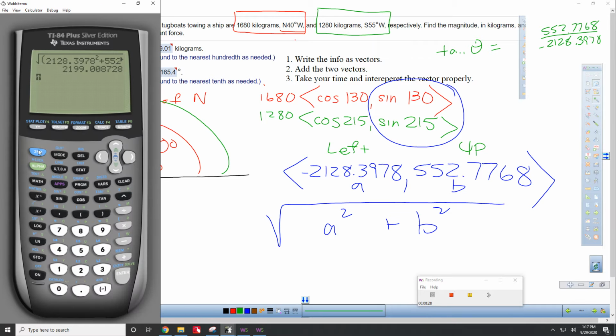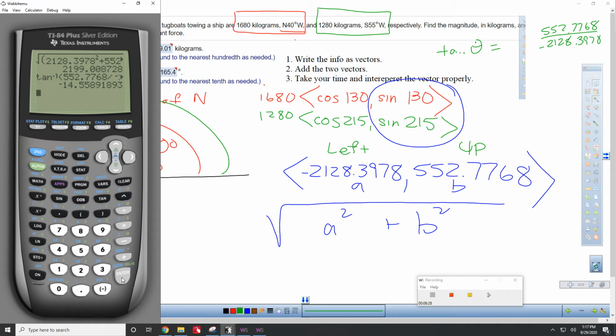So second tangent of 552.7768 divided by negative 2128.3978. Enter.